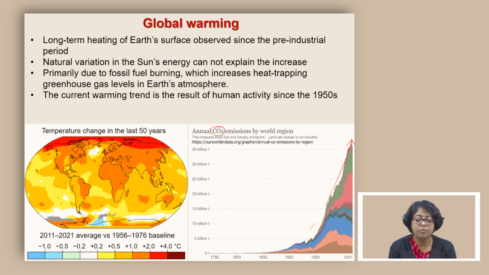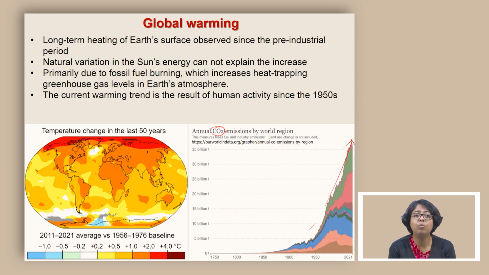So, therefore, the final conclusion was that the change in global climate, or this particularly observed global warming, is due to the fossil fuel burning, which increases the heat trapping greenhouse gas levels in the Earth's atmosphere, and once the Earth's atmosphere started to become hot, it will start to influence various spheres and then you will see an overall change in different components of the climate.